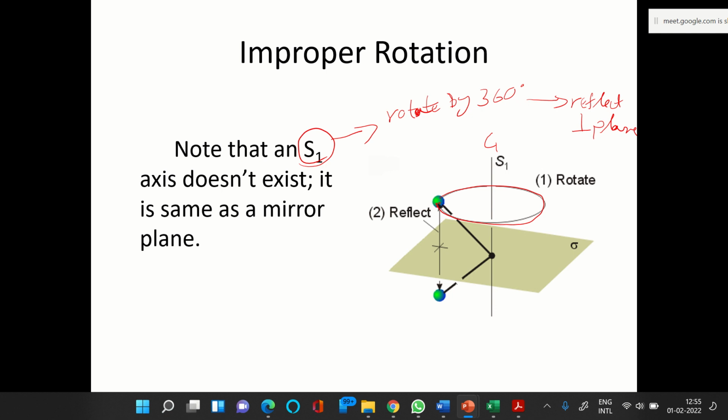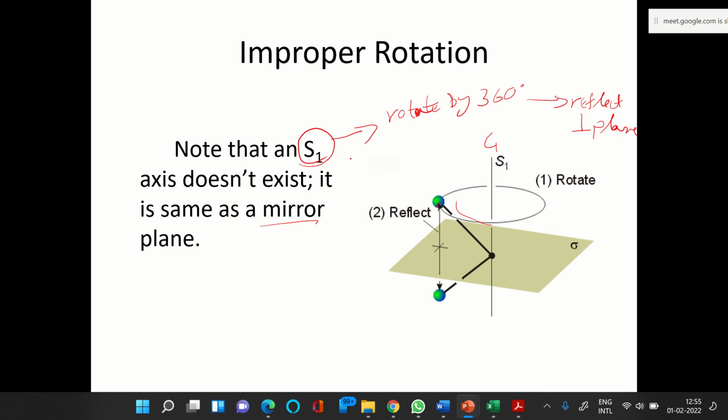So what is the overall result? Simply it is reflection. So the S1 axis doesn't exist because it is the same as a mirror reflection. अगर हम ये 360 रोटेशन नहीं भी करते और सिर्फ एक प्लेन के थ्रू रिफ्लेक्शन करते जो परपेंडिकुलर प्लेन में है, so that is equivalent to doing a mirror reflection operation, simple.